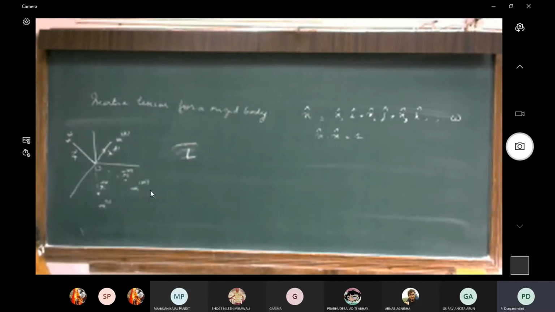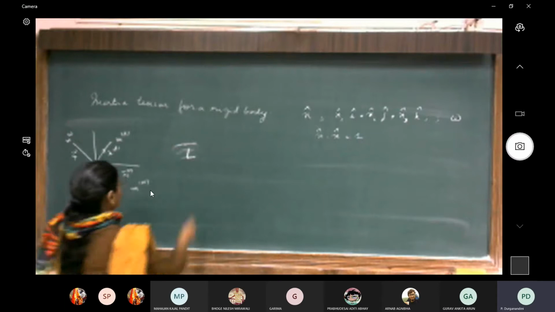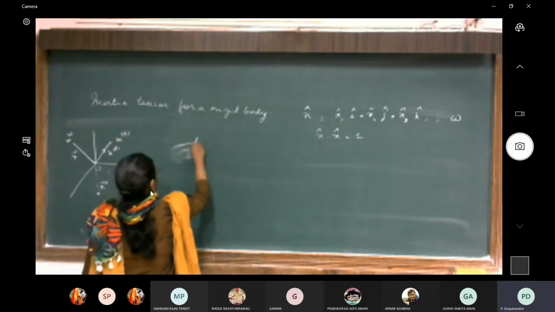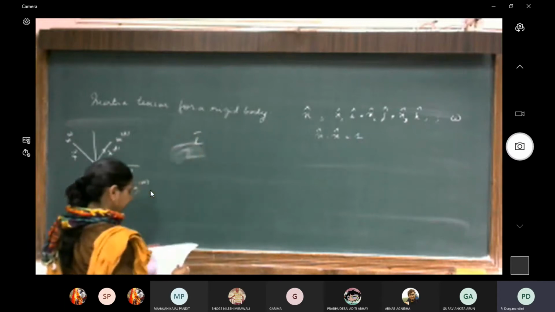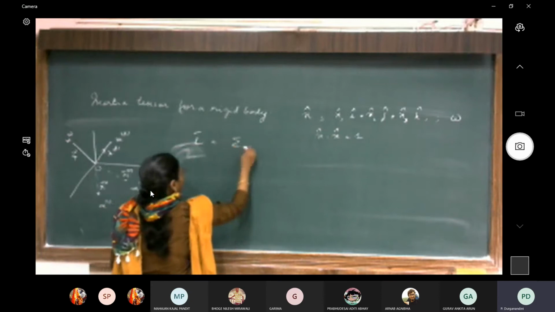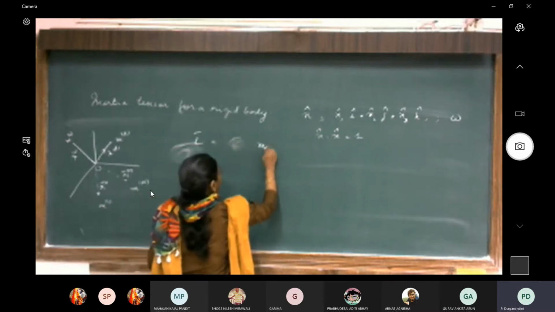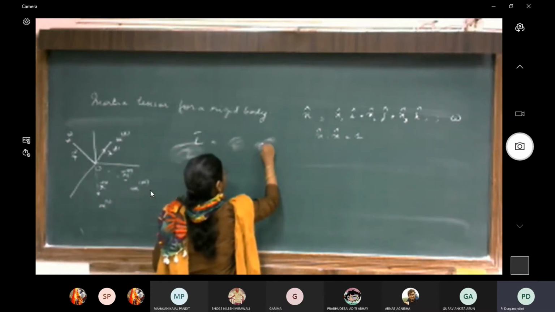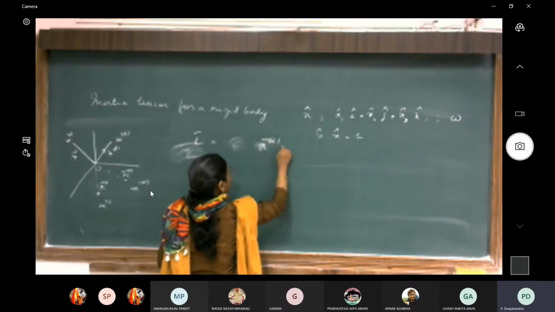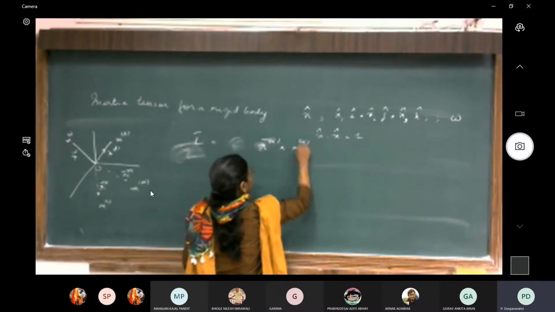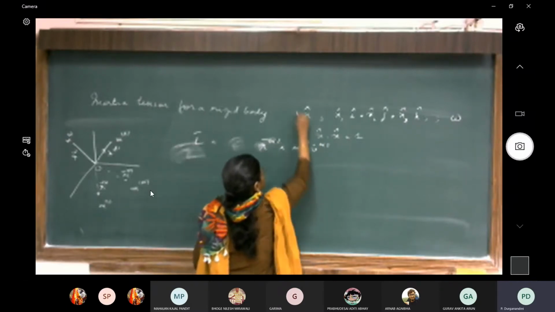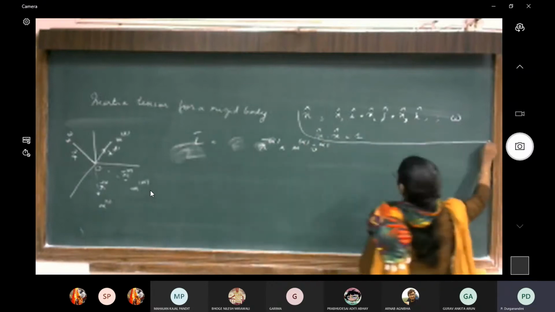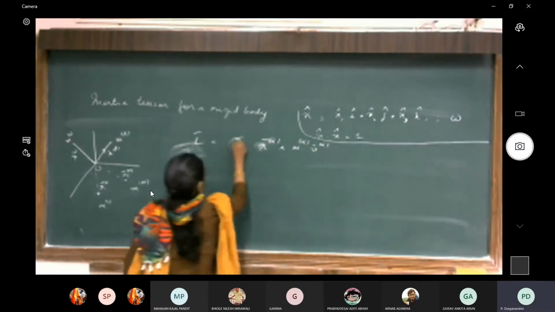And what we saw yesterday is that I could write this whole thing in the following way. Formally, for each particle you simply get R cross P. So I have R alpha cross M alpha V alpha, and then I do the summation.